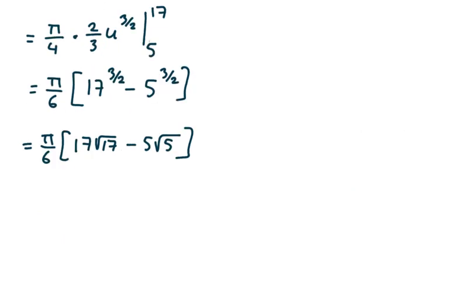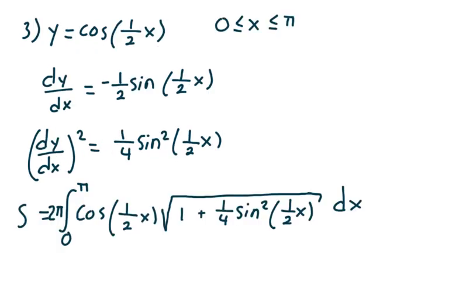So this is pi over 4 times 2/3 u to the 3/2 evaluated from 5 to 17. So this is pi over 6 times the quantity (17 to the 3/2 minus 5 to the 3/2). So this is pi over 6 times the quantity (17 root 17 minus 5 root 5). And that's the answer to example 2.